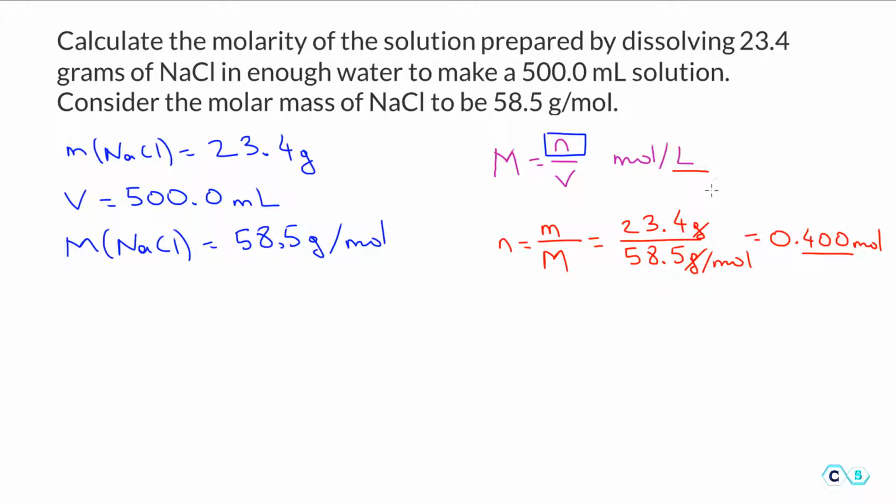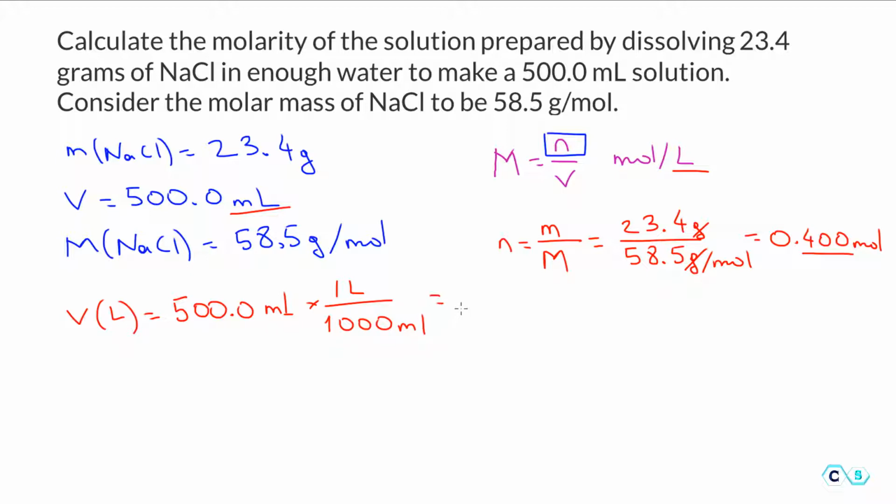However, as we mentioned earlier, we need to have the volume in liters. It's given in milliliters. The conversion is pretty simple. So the volume, let's put in liters, is equal to, we start from 500.0 milliliters. So we need to multiply this by this conversion factor. We need to remember that every 1 liter is equivalent to 1000 milliliters.